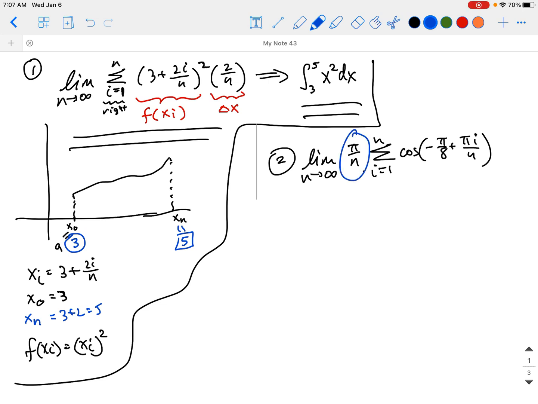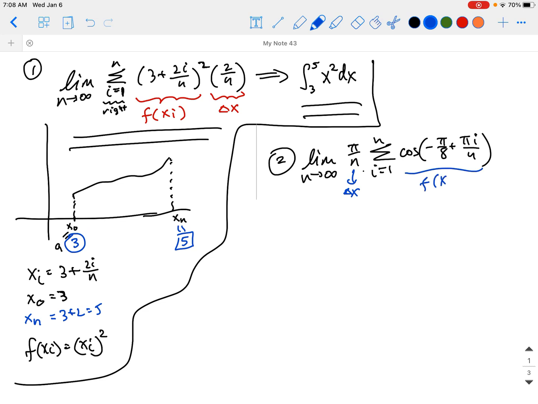This little piece on the outside is delta x, so delta x is not going to be a dependent value inside of our summation. The i value is what has to remain inside of the sum. Pi over n is just a constant. n is just some number of subintervals that we have. It does have to stay inside of the limit, however, because the limit depends on n, but we can factor it out of the sum.